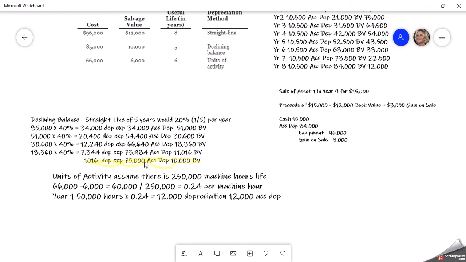So then if I want my accumulated depreciation to be 75,000, if it's currently 73,984, if I subtract that from my 75,000, this gives me how much I need to depreciate in that final fifth year. So it's going to be $1,016 that I would need to depreciate in order to get my accumulated depreciation to 75,000 and then get my net book value to 10.